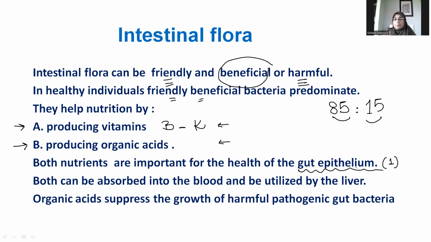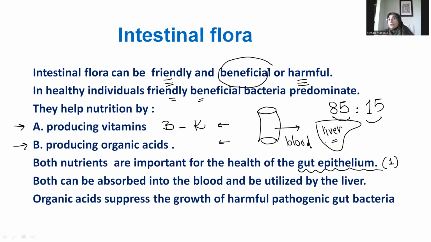The second importance is that these vitamins and organic acids that are produced in the cavity of the colon can reach the bloodstream, and from the bloodstream they can reach the liver, and they are very useful for the adequate functioning of the liver.